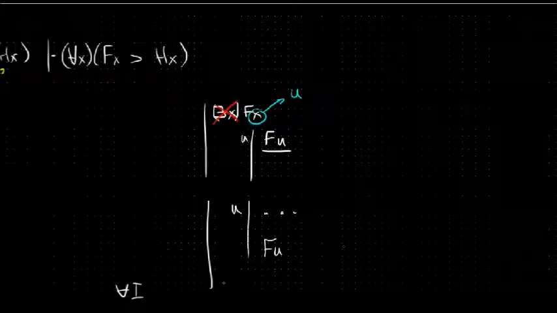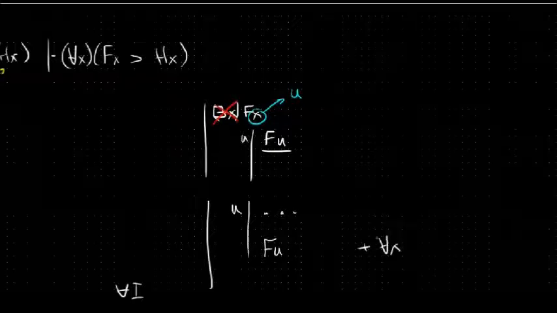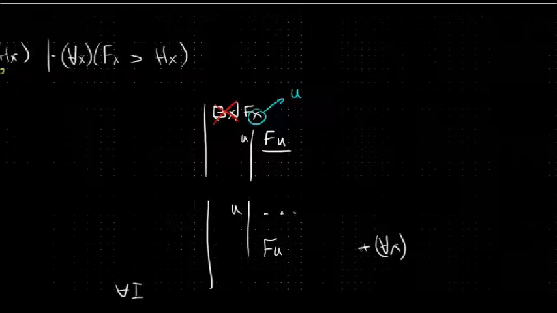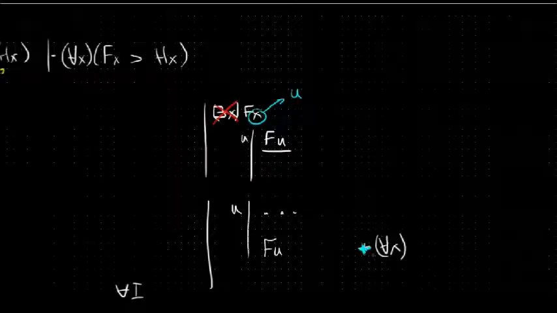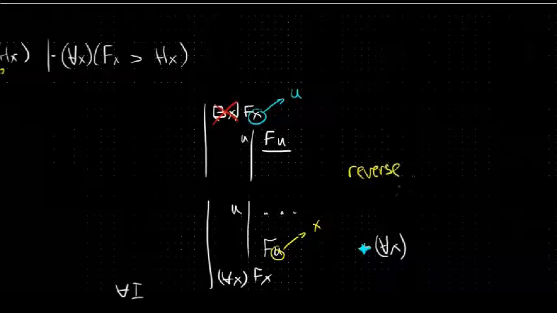We add on a universal quantifier, ax, and in that case we're going to swap out all of the u's in that formula for x's. So we drop it down into the left and we write ax fx. Okay, so it's just the reverse operation.